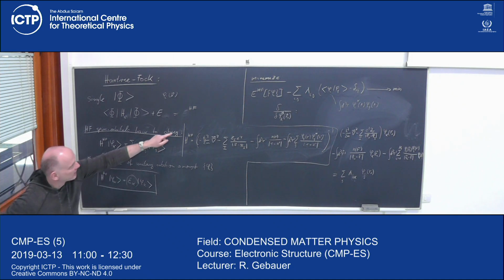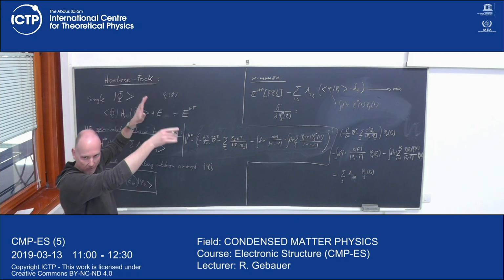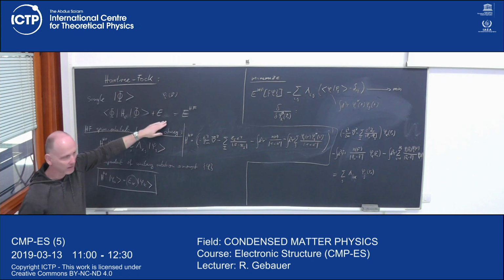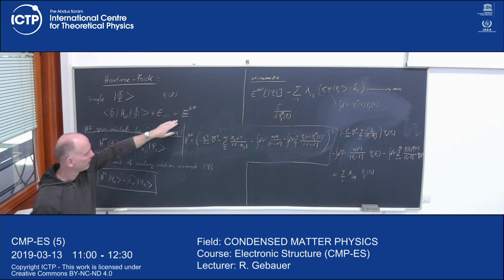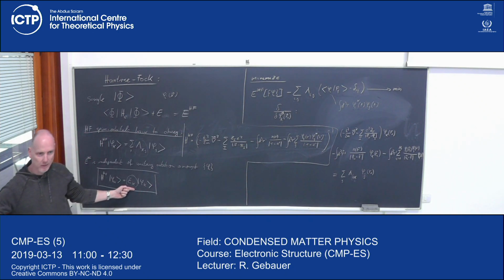The Hartree-Fock energy is this object here, which depends, exactly the way we have written it down, on the orbitals. Okay? So this is the Hartree-Fock energy. The eigenvalues which appear here are merely Lagrange multipliers for keeping these things orthonormal. These here are not Hartree-Fock energies.